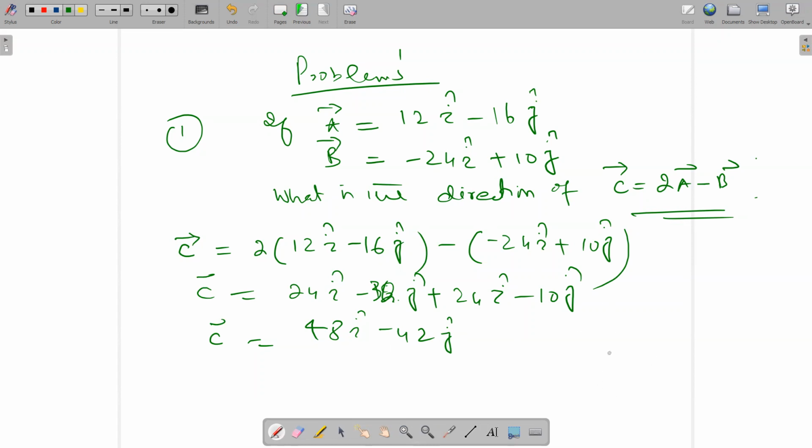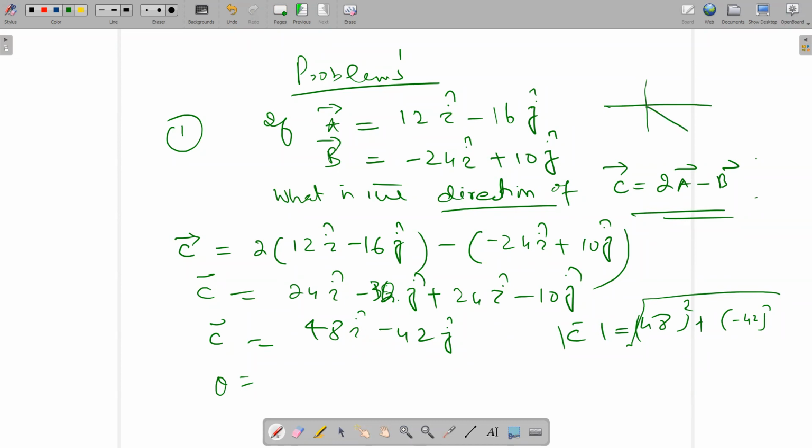If you want to find the magnitude of C, you can find the square root of 48 squared plus minus 42 squared. But here the question is to find the direction, so direction means angle theta. You can see here that the y-component is negative and the x-component is positive, so the angle is in the fourth quadrant.